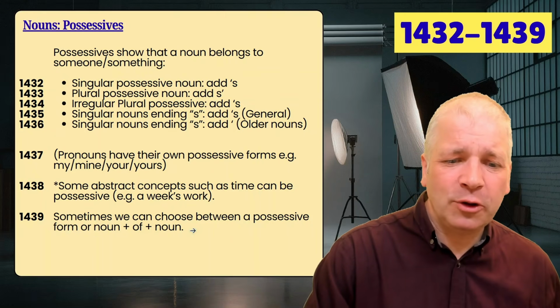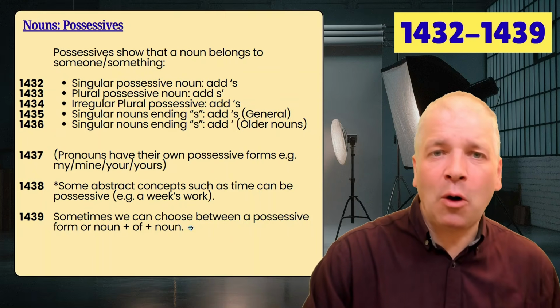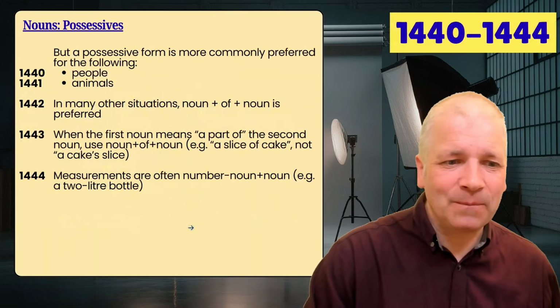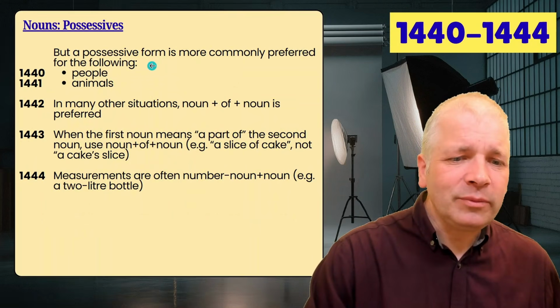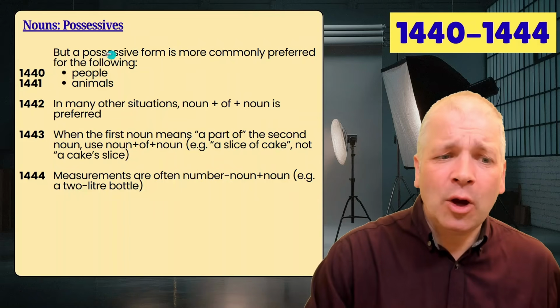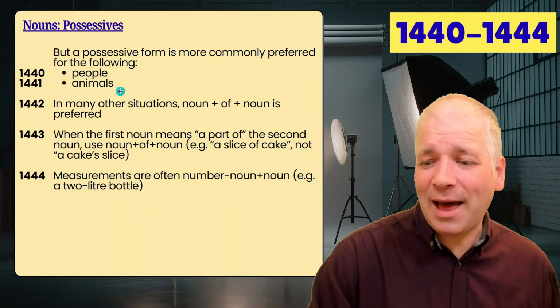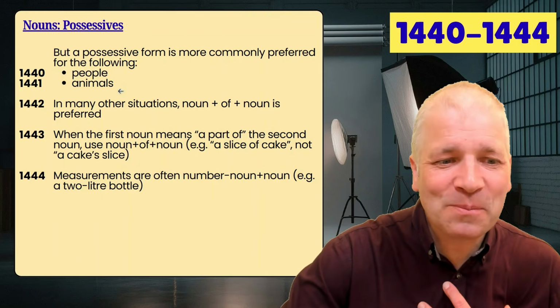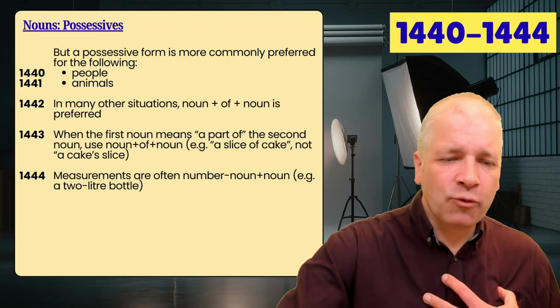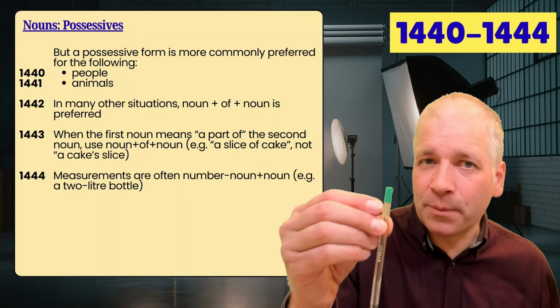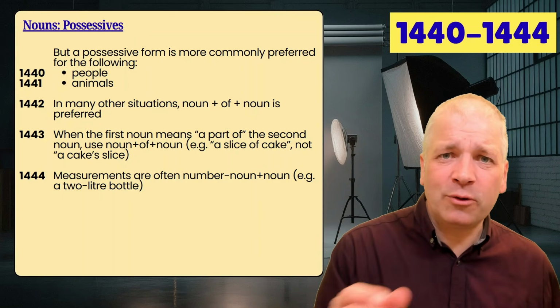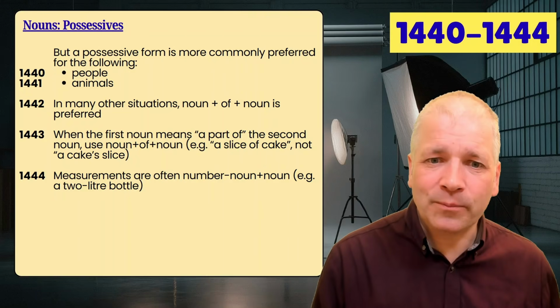And sometimes we choose between a possessive form or noun of noun, as I mentioned earlier. Now, why would we choose noun of noun? Well, the possessive form is more commonly preferred for people and animals. So Rupert's, apostrophe s. Rupert's pen, not the pen of Rupert. But in many other situations, we'll use the noun of noun.